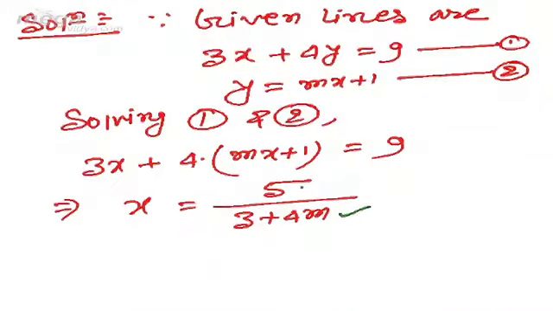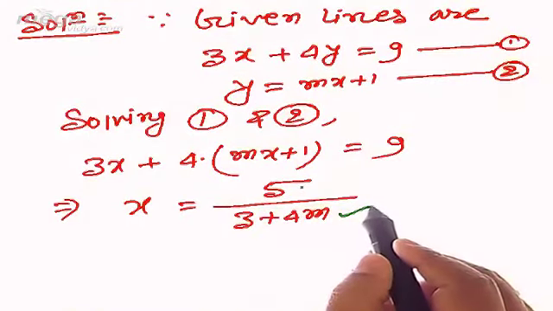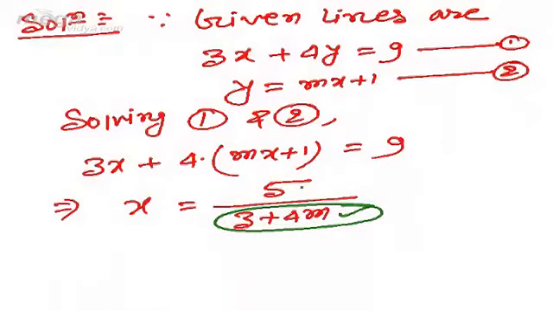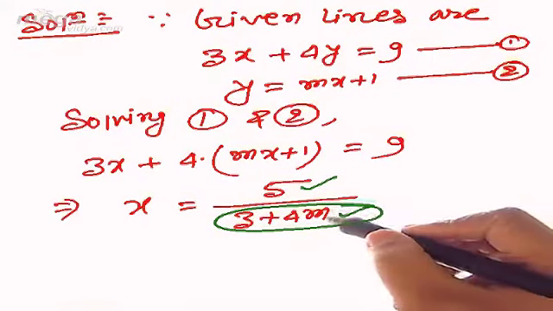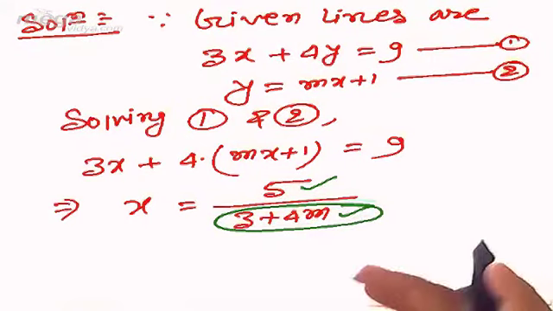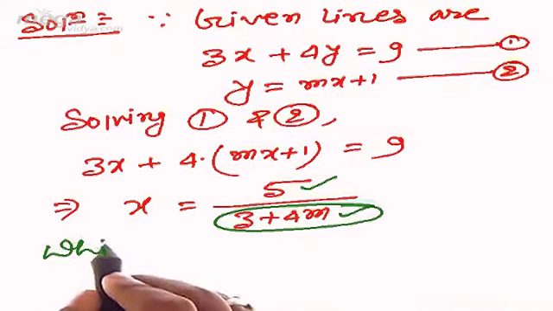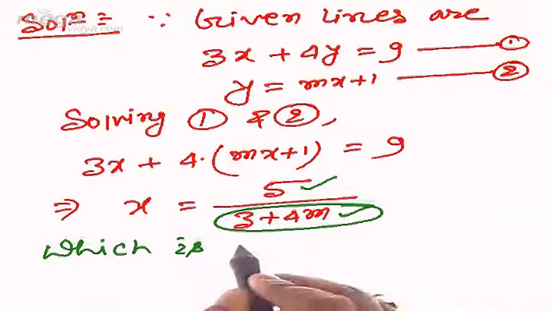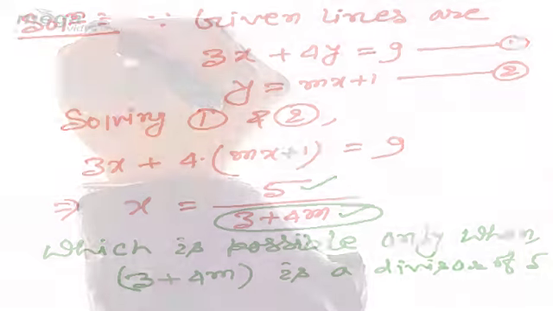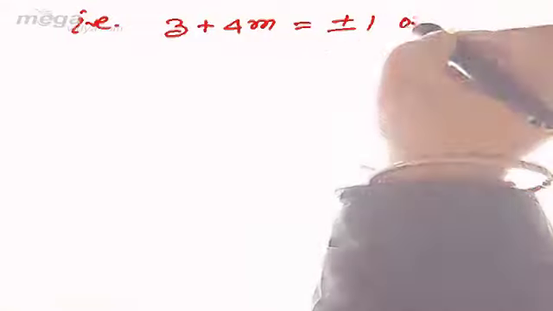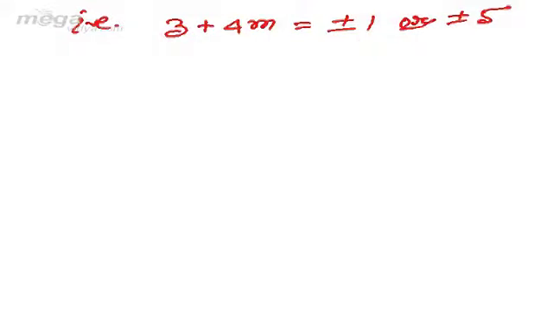So 3 plus 4m should be an integer because 5 is a prime number which is an integer, 3 plus 4m is an integer, as well as 5 upon 3 plus 4m, everything is an integer. So which is possible only when 3 plus 4m is a divisor of 5. That is, 3 plus 4m is equal to either plus minus 1 or plus minus 5.